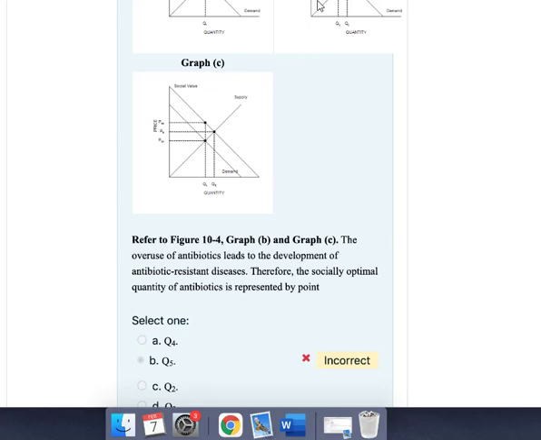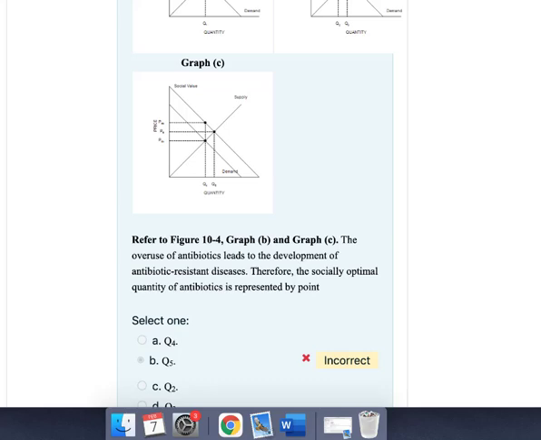I'm going to say that's this one. It's Q2. So the answer is Q2, quantity 2, where we have a reduced amount of supply and a lower social cost.